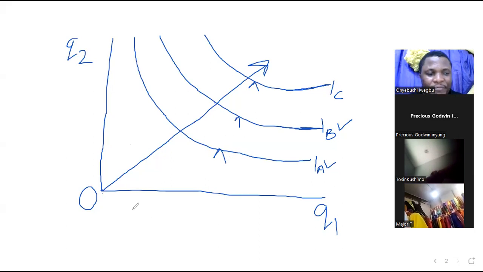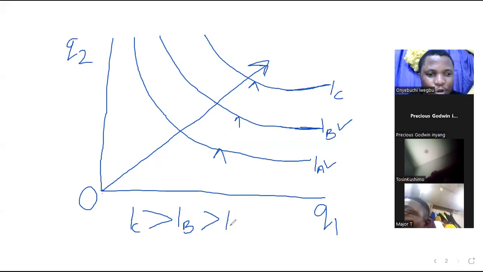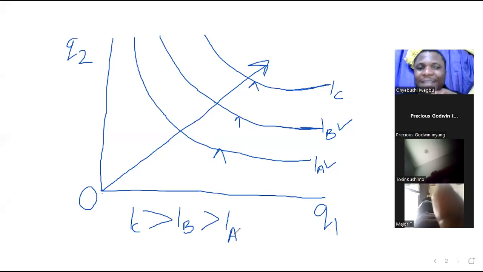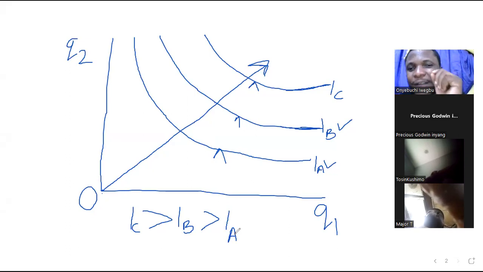That tells you that the satisfaction of indifference curve C must be higher than the satisfaction of indifference curve B, and must be higher than the satisfaction of indifference curve A. So I can firmly conclude that the farther the indifference curve is from the origin, the higher the level of satisfaction.